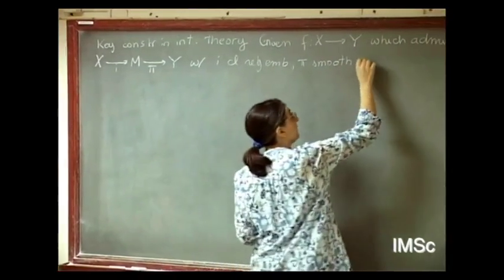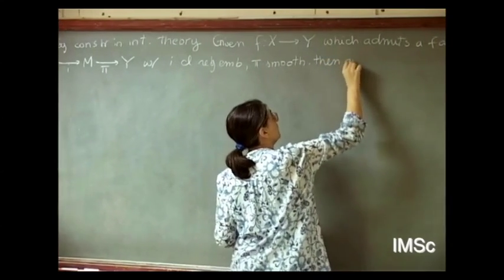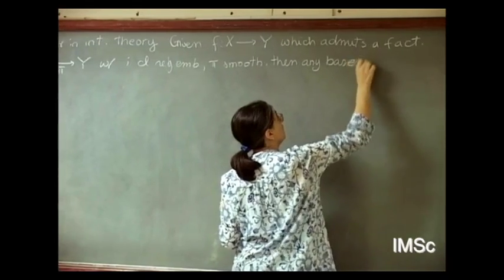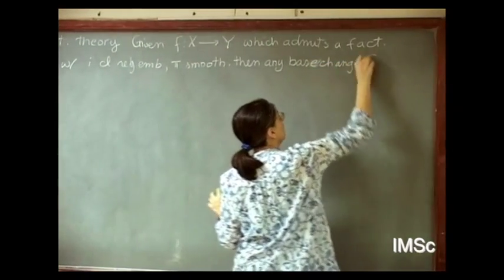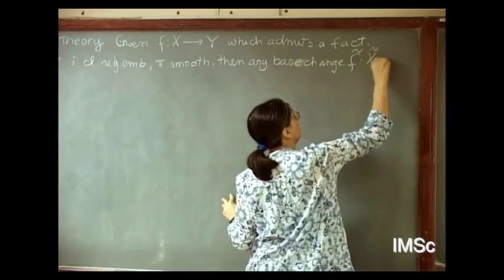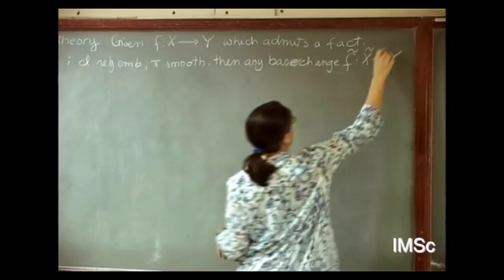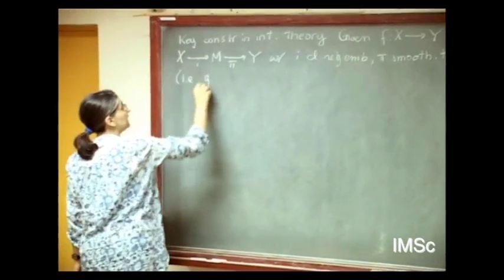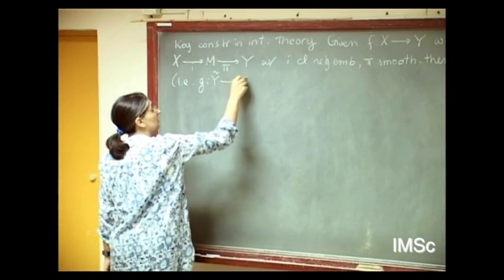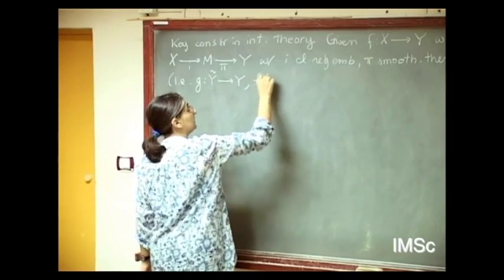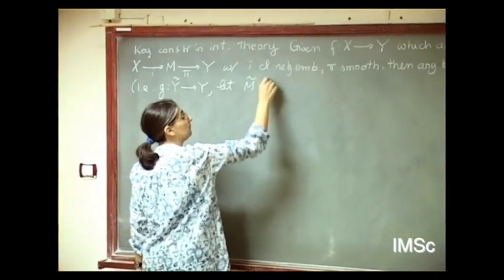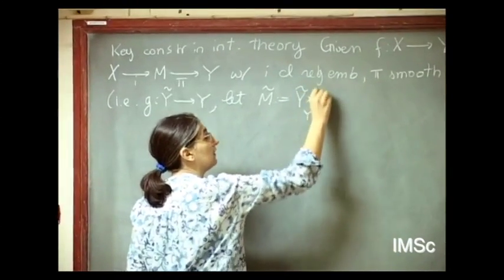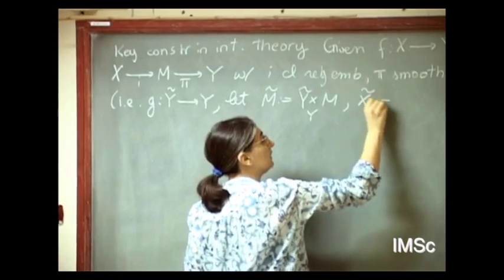then any base change f twiddle, so this means that I'm giving any morphism of schemes, and I can let M twiddle be the fiber product, and X twiddle in the same way.